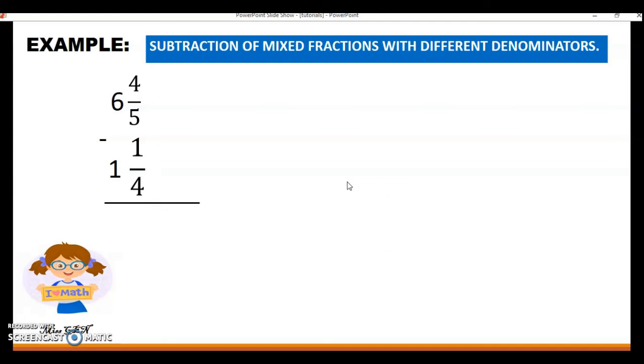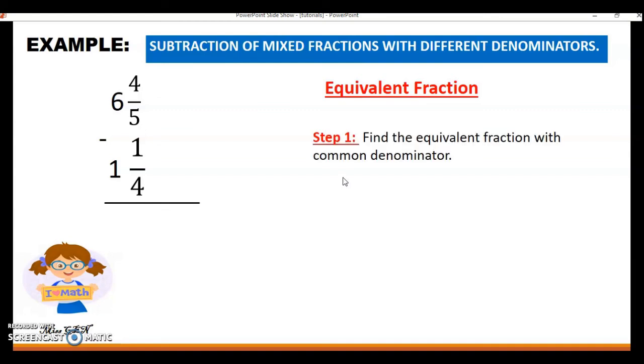So we will be using equivalent fractions. Step 1, find the equivalent fraction with a common denominator. Here, our denominators are 5 and 4. So we will find a number that will give us a common denominator. So we will multiply 5 by 4 and 4 by 5.